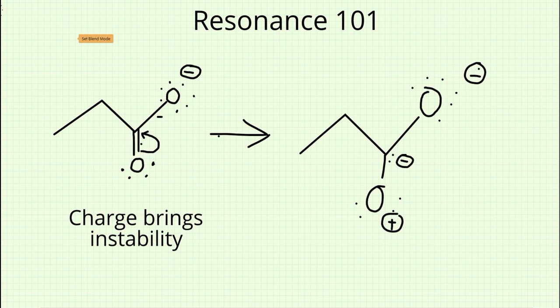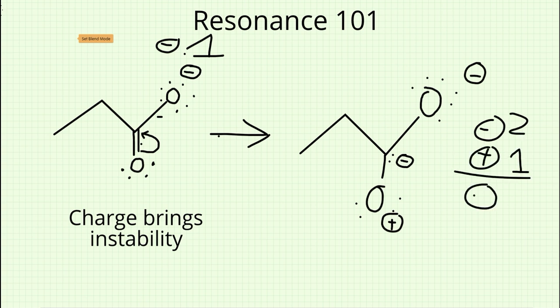We don't want to have all these charges here on this molecule when we really could just have, like, this one, which has one source of negative charge. This one has 1, 2, it has 2 negative charges and 1 positive charge. Yes, that will somewhat balance out, but it's still unnecessary.